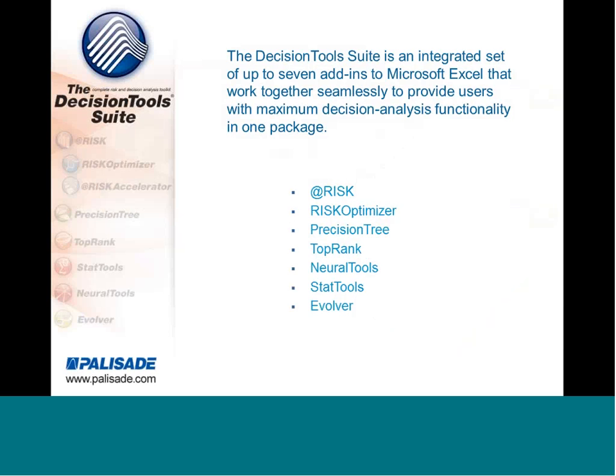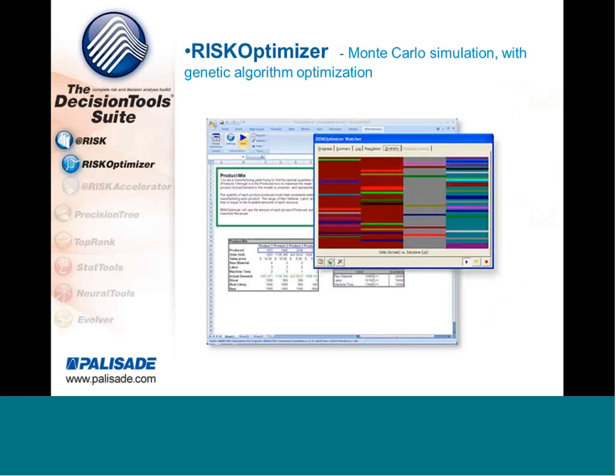So our DecisionTools Suite is composed of either 6 or 7 tools, depending on which edition you go with. For academia, we give all 7. And I'll just go through each tool quickly so you have an idea of what they are, and then I'm going to go into looking at some models in @RISK. So one of the tools, obviously @RISK, is the first tool.